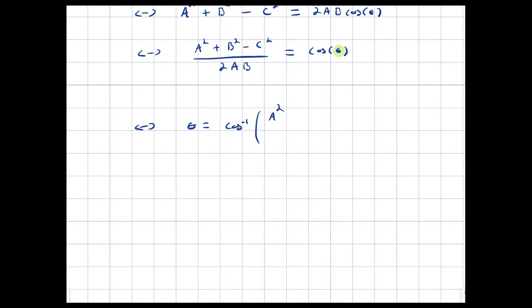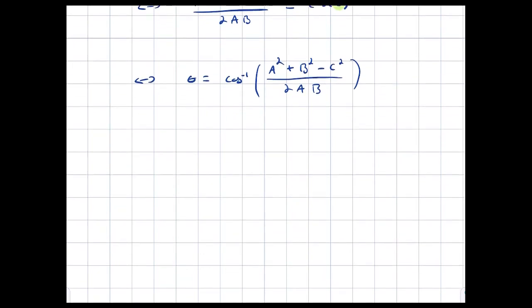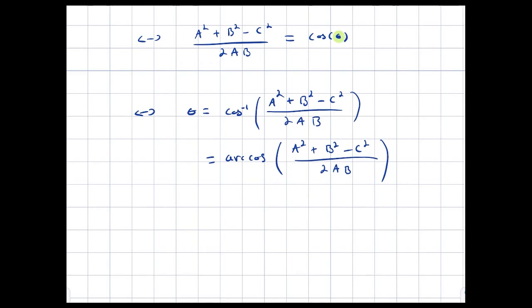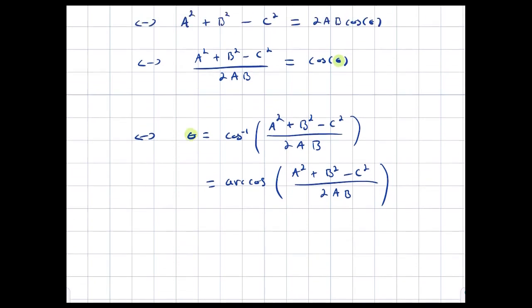Cosine inverse of A squared plus B squared minus C squared over 2AB, which is arc cosine of A squared plus B squared minus C squared over 2AB.